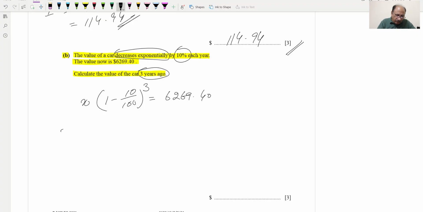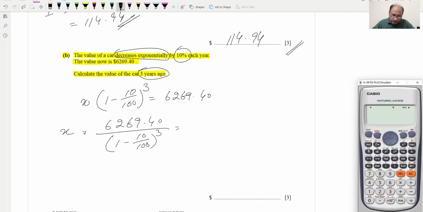Now we can find the value of x. To find the value of x, we can shift this whole thing to the other side, and we will write it like this, divided by, keep it as it is, and use a calculator to solve.